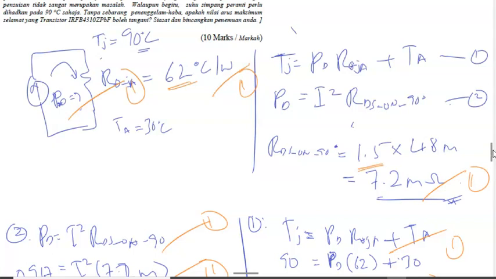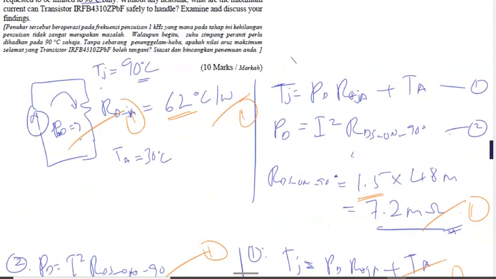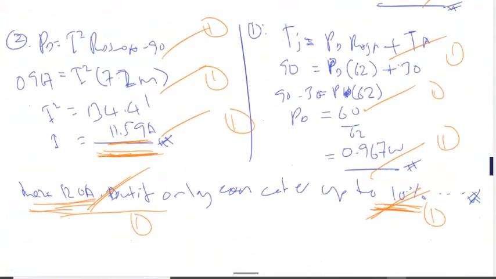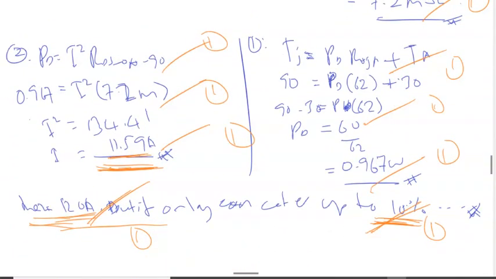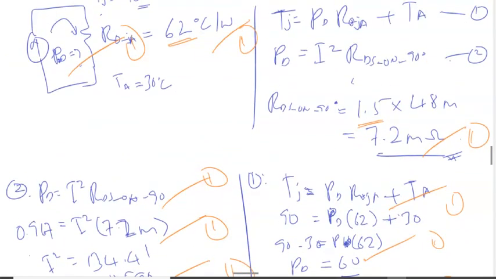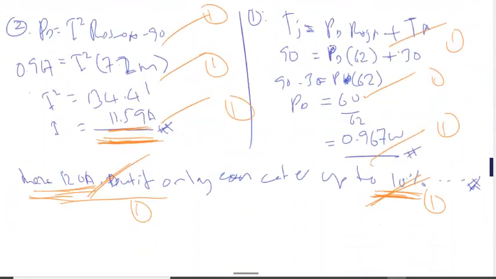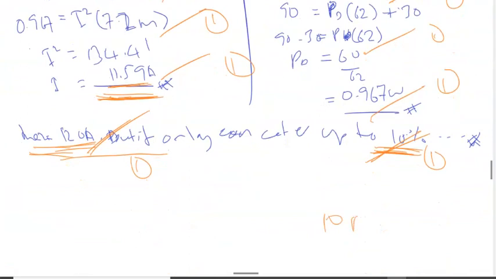So we have mark for that, and you know where to extract the data. So how many marks are there here? 1, 2, 3, 4, 5, up to 10. So we have 10 marks here for your task of question number A.